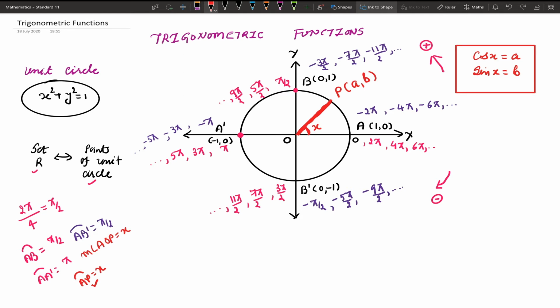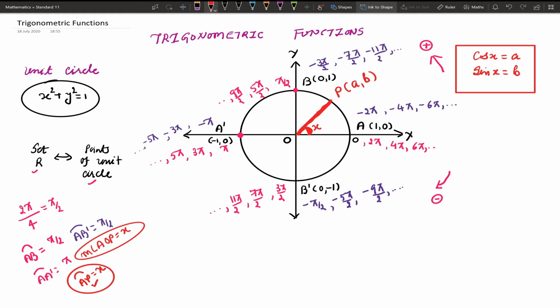Again, if the length of chord AP is x radians, in other words the measure of angle AOP is x, or the length of chord AP equals x, so this angle is x.